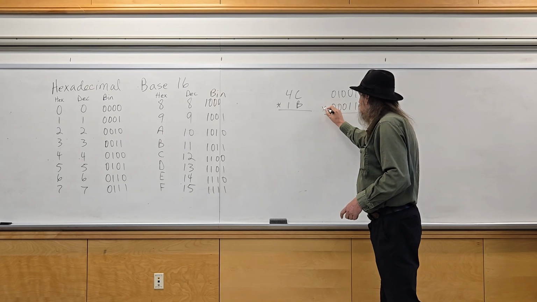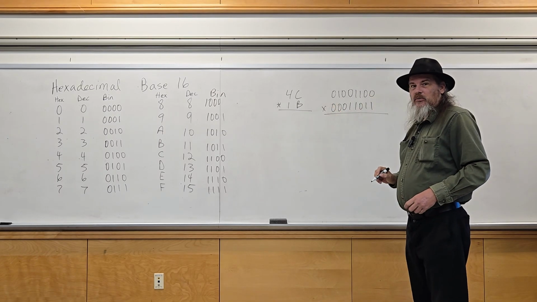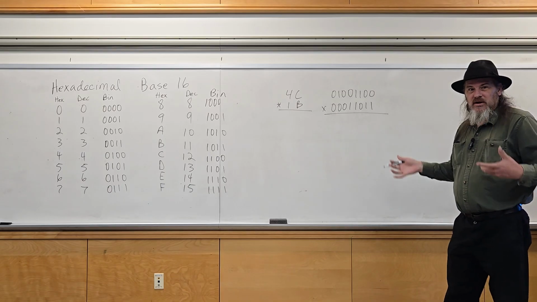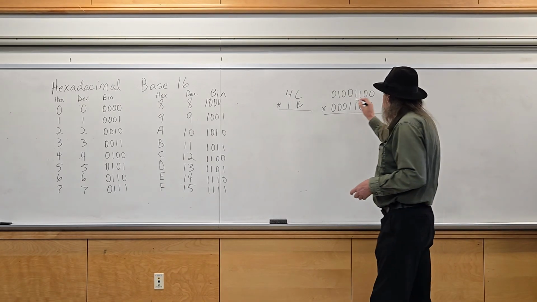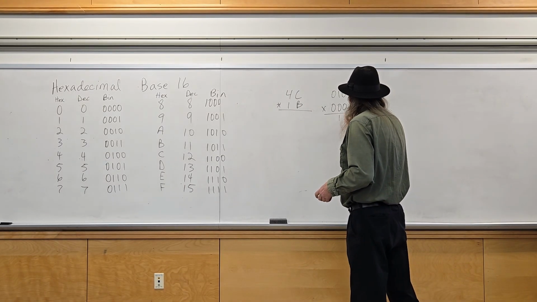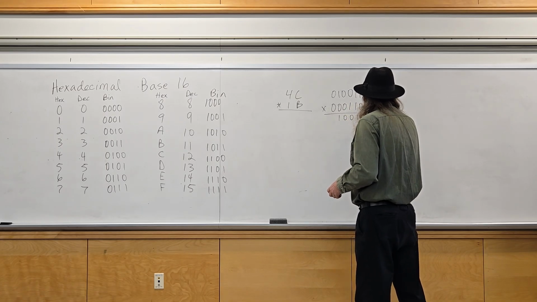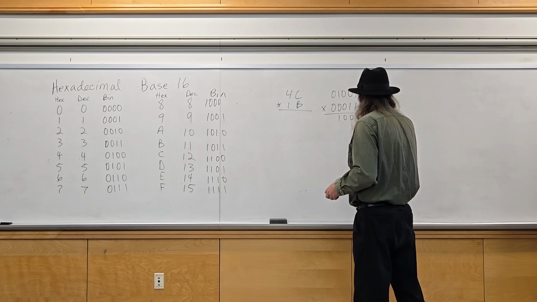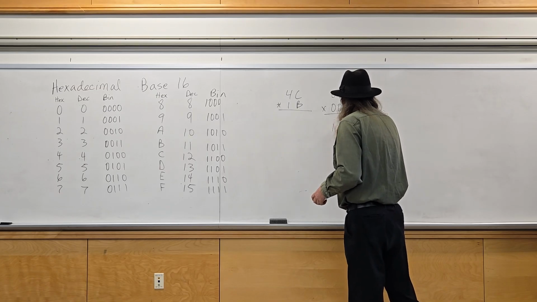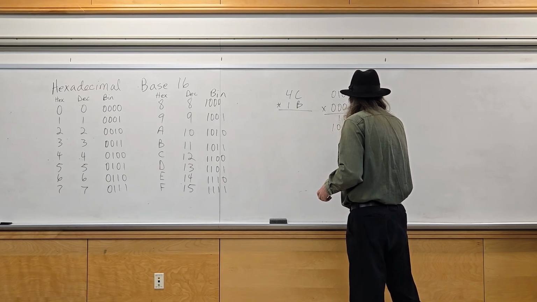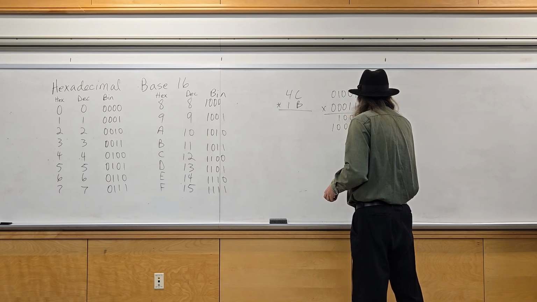And then do the math that way, the shift and add method. So it would be 10011000, 10011000.